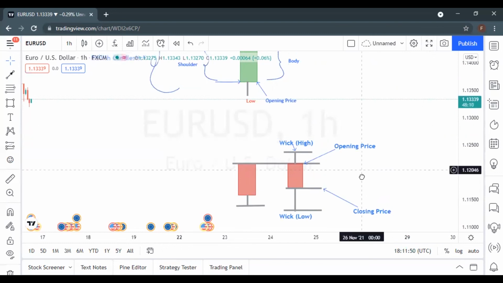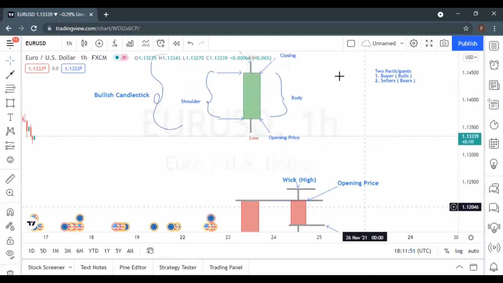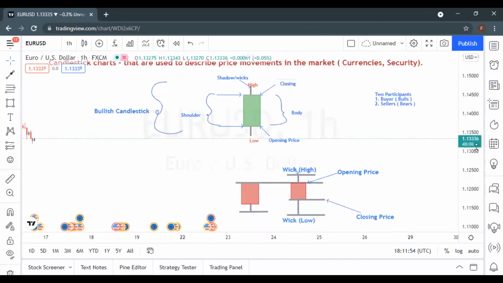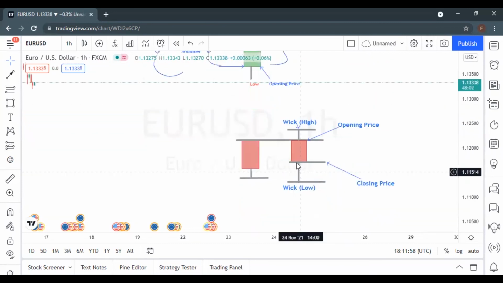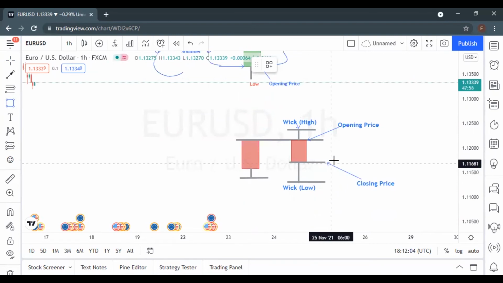So let's take for example, if the next candlestick is being formed here, right? This is the closing price. So the next candlestick is going to be formed from the opening price of this. The opening price is going to be the closing price of the previous candlestick.